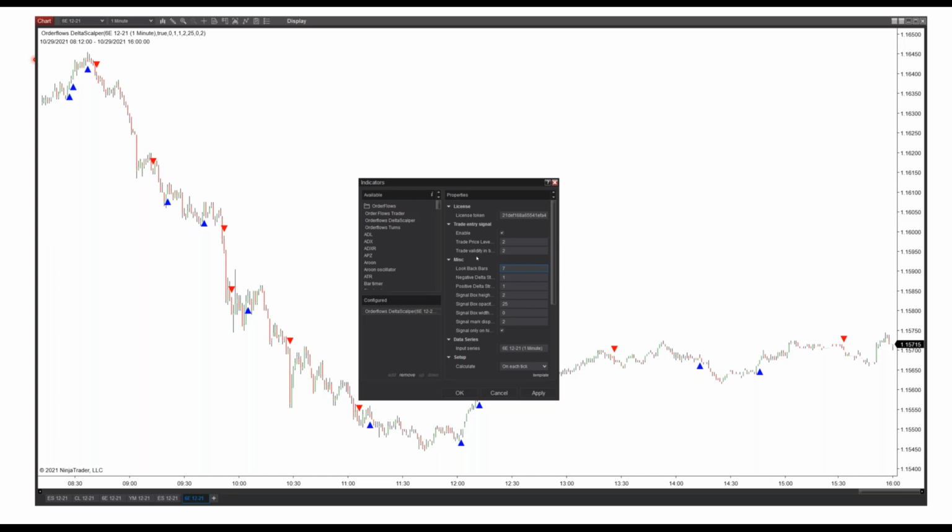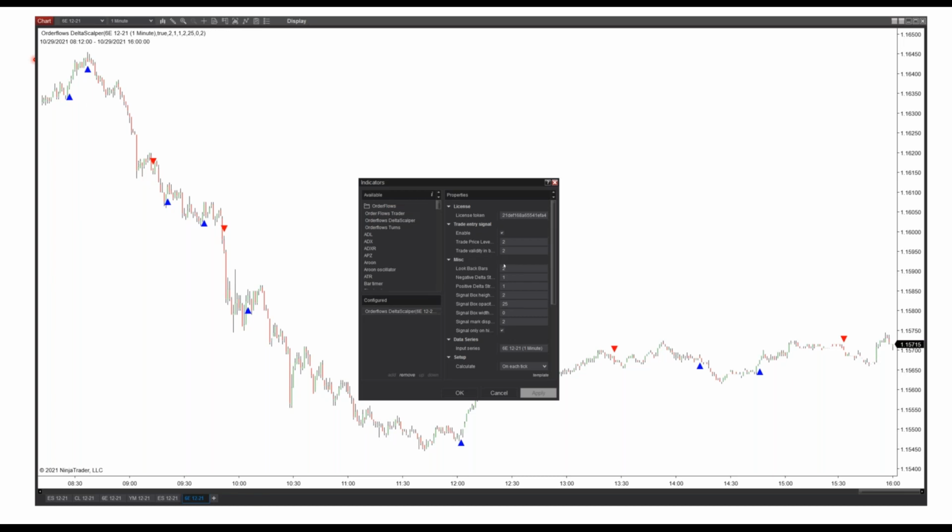If I want to find turning points in the market, and it's not going to give me every turning point, I'll use a look back of, say, 7, or even 1, or I don't know, 2. We'll see. It's going to take off some of these other signals because instead of just looking at the delta at one point, it's looking at more of the order flow.